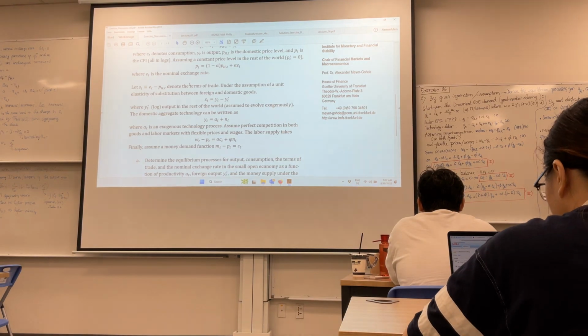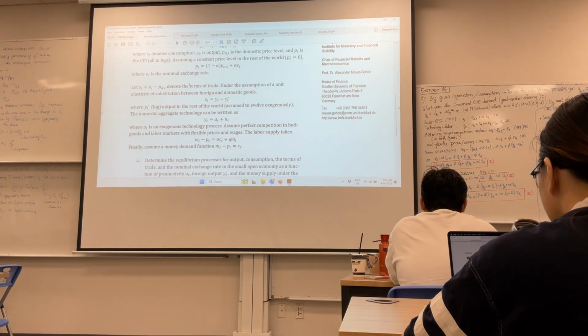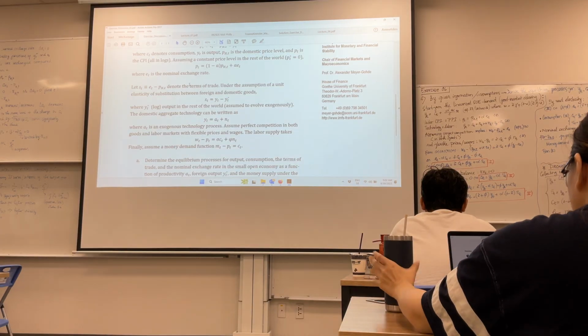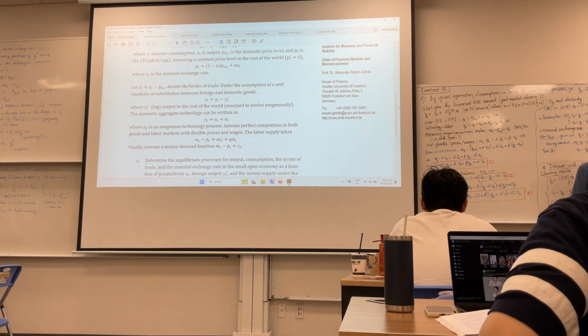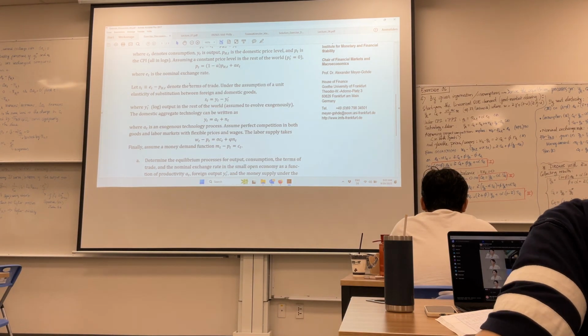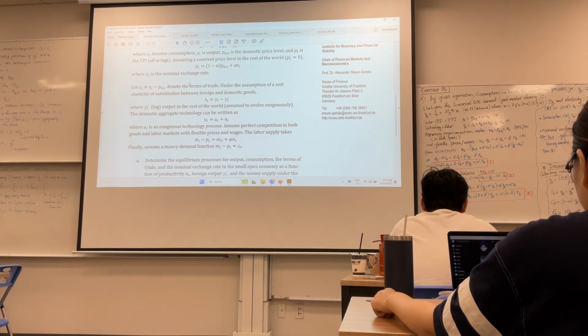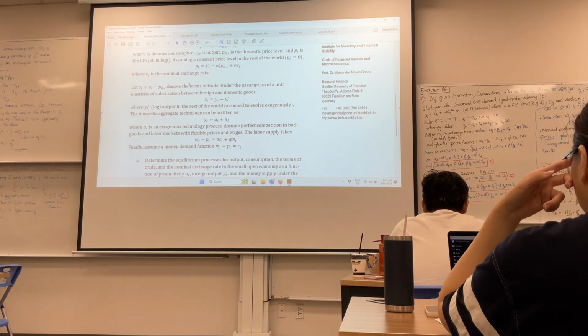Okay, but we can look at the terms of trade, just look for a second. If we have an exogenous increase in... so if we have a sigma greater than 1, then the response of output is going to be negative.